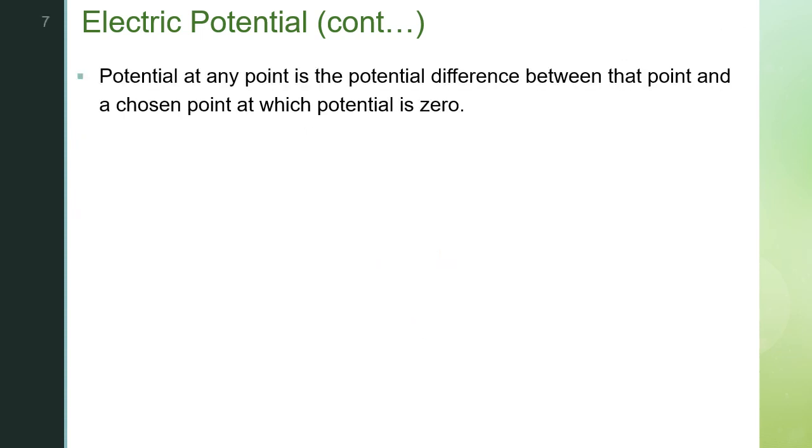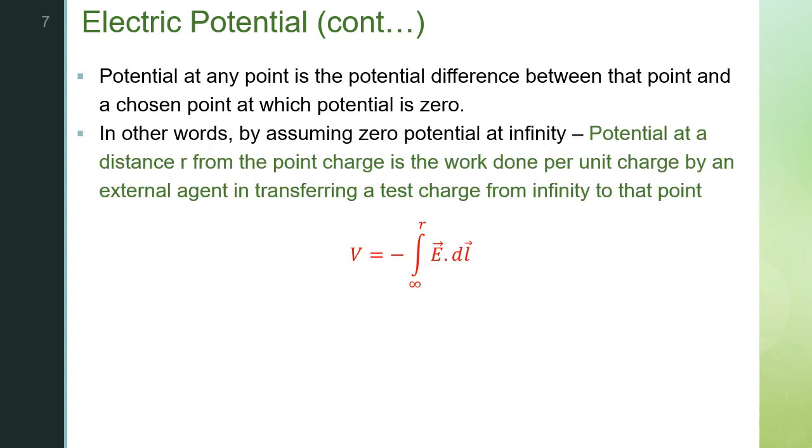So earlier we have seen potential difference. To define potential, the potential at any point is the potential difference between that point and a point at which the potential is 0. Here we have taken that reference point to be infinity. Therefore, the potential at a distance r from the point charge is the work done per unit charge by an external agent in transferring the charge from infinity to that point.